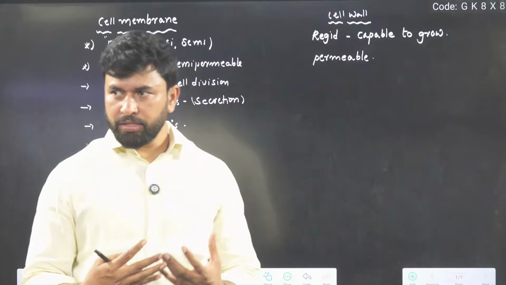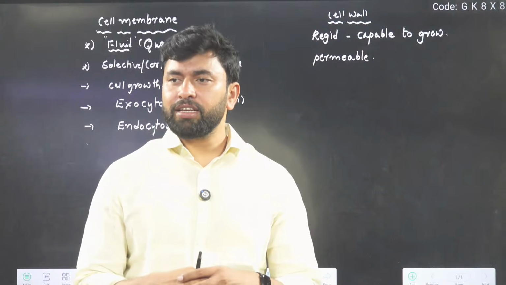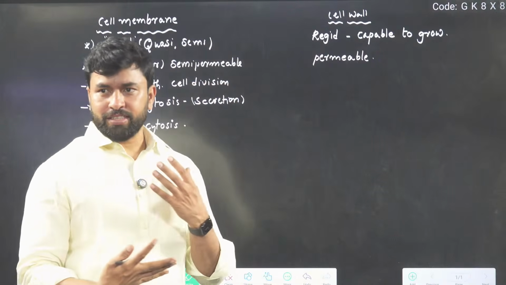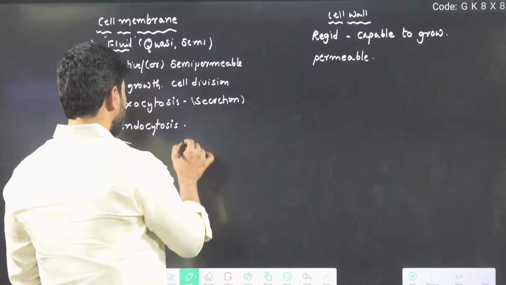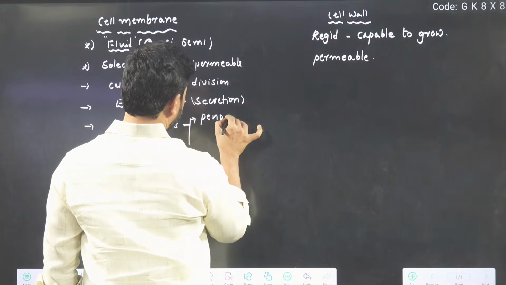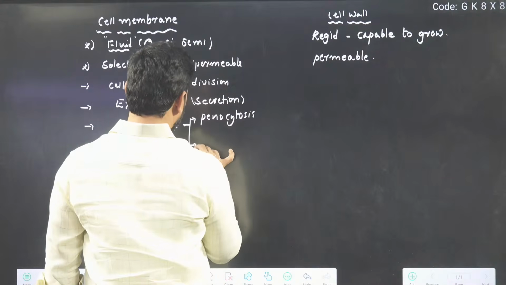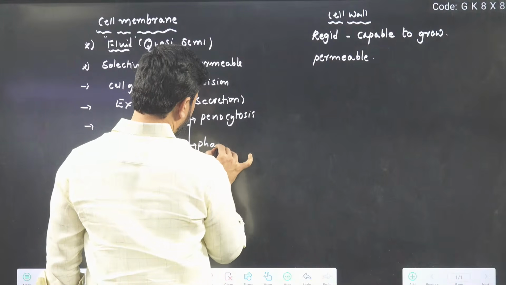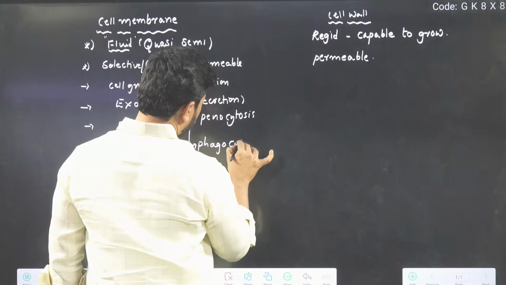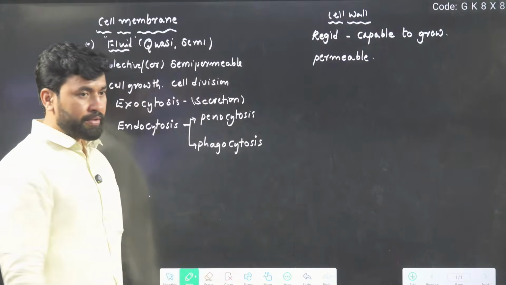Some substances are coming into the cell. The incoming into the cell is known as endocytosis. You can take endocytosis in the form of pinocytosis or phagocytosis. What is pinocytosis?